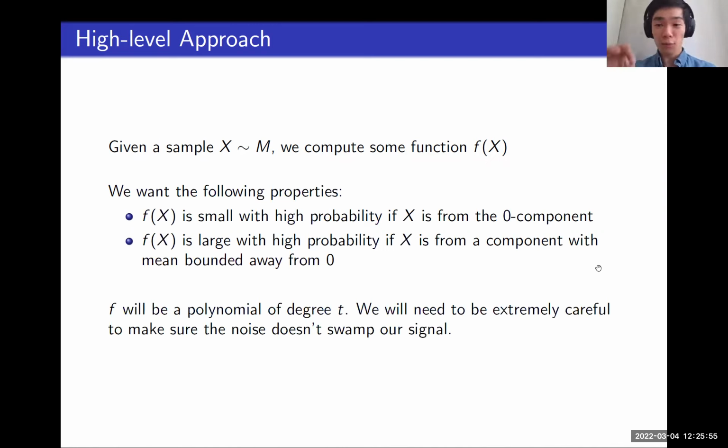And f will end up just being a polynomial of degree t, where t is like log k over log log k. But we need to be extremely careful with this, because it's very easy to lose quasi-polynomial factors when we go out to moments of logarithmic degree. But we'll have a careful way of doing this so that we actually don't lose quasi-polynomial factors in the sample complexity.